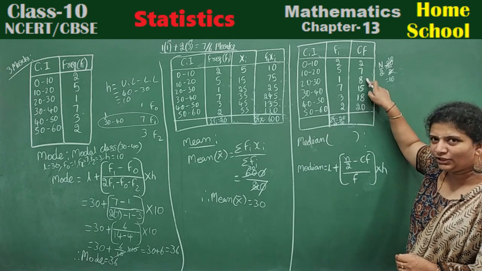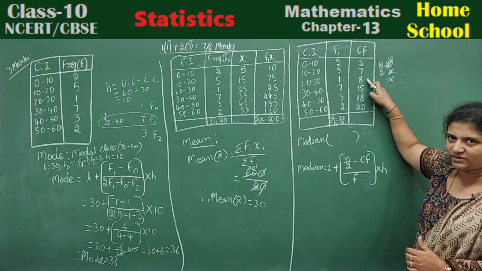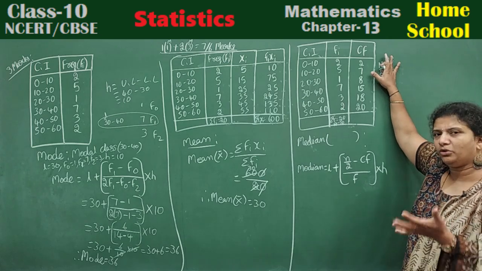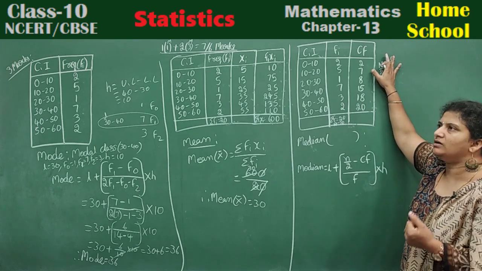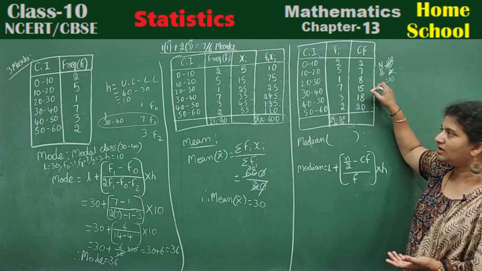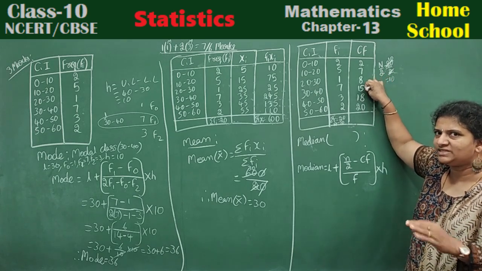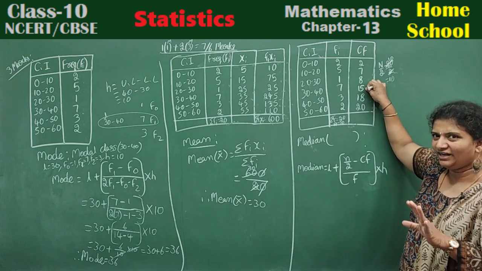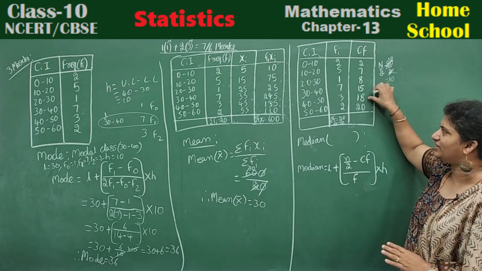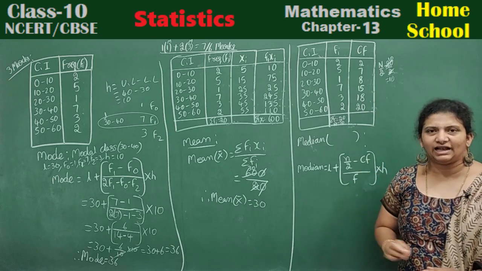He has only 8 rupees, he cannot give you 10 rupees. Suppose your n by 2 is some other number, let me take 17. This friend has only 15 rupees, so again he cannot give you. At that time you need to shift this row as the median class.